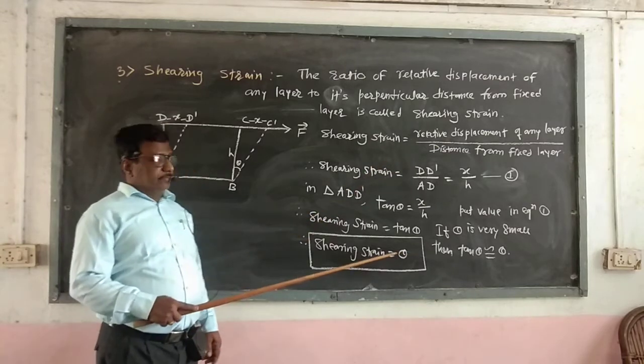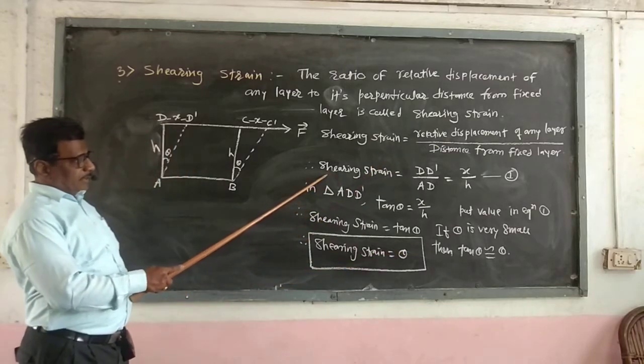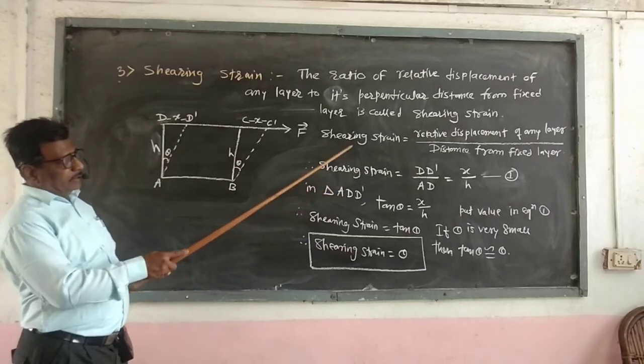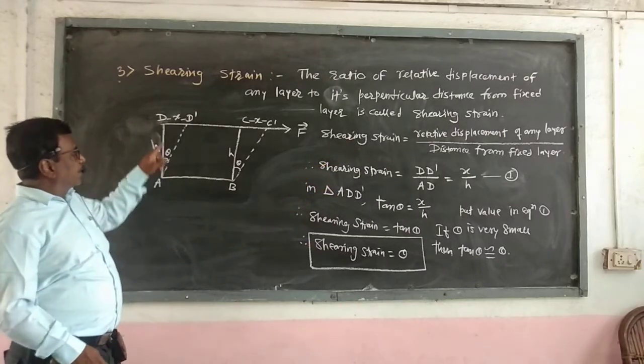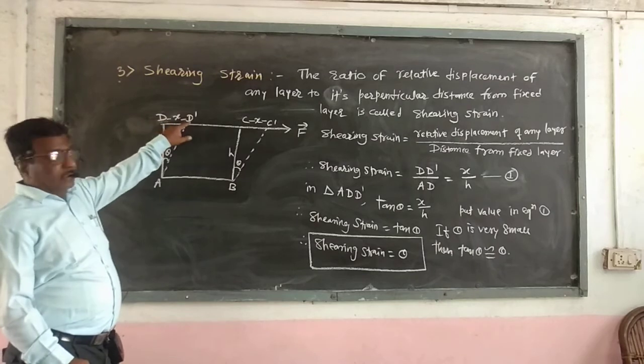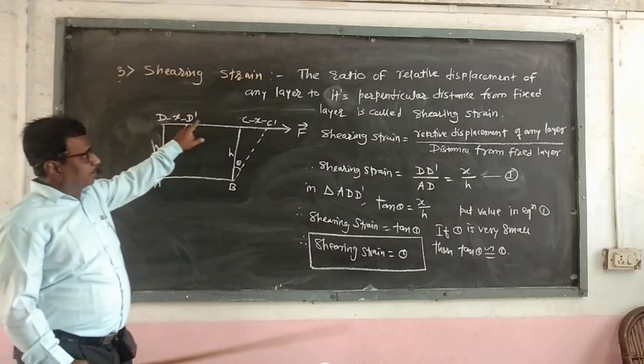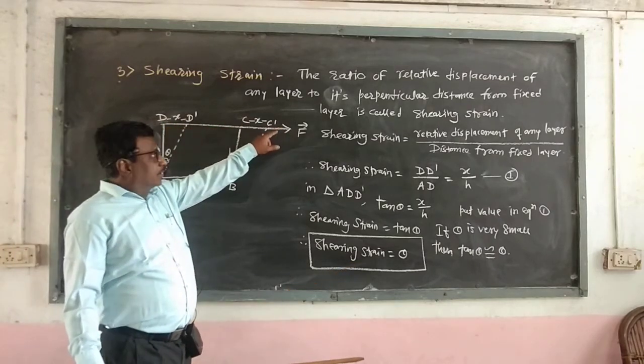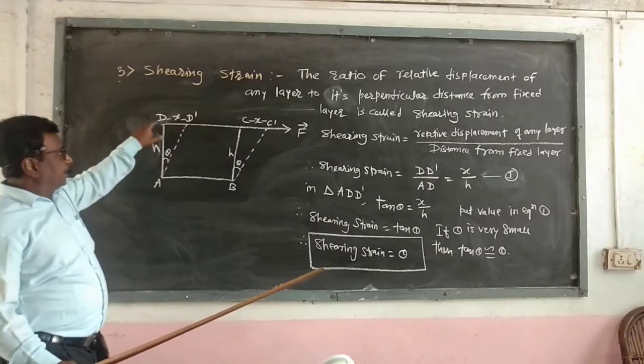Here in this figure, shearing strain is equal to the relative displacement of any layer. Suppose D to D dash, or C to C dash, is the relative displacement. Now we consider the triangle ADD dash.